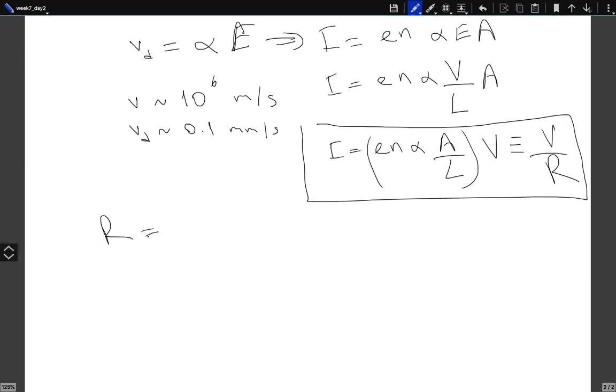R is given by 1 over E n alpha, L over A. And remember, we had defined this as 1 over sigma, L over A. So that constant alpha is essentially given by the conductivity of the material. The conductivity depends on whatever that alpha is and the number density of the charge carriers.